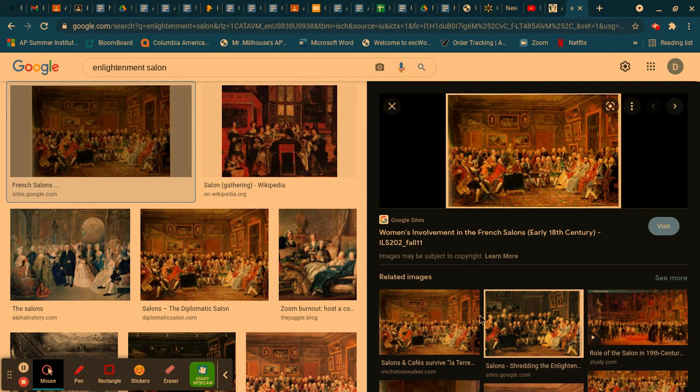Some of our Enlightenment thinkers, of course, we know John Locke, our positive guy. People are born good, and they can improve. We know, of course, Hobbes is the opposite of that. We've got Voltaire, our freedom of speech, freedom of religion guy. Voltaire really admired the enlightened despots like Peter the Great and Joseph II.